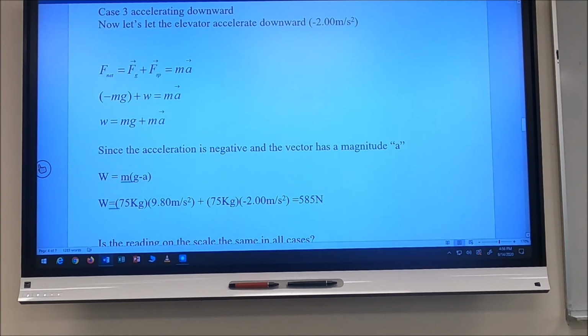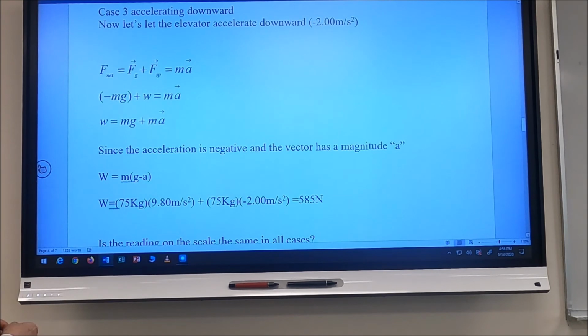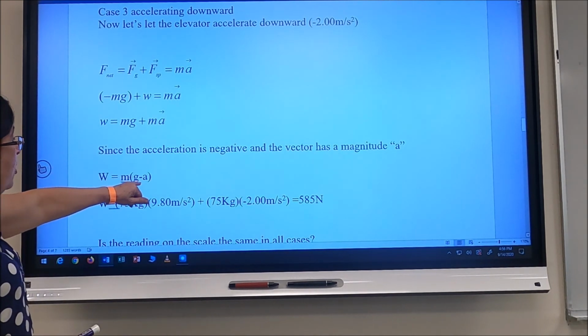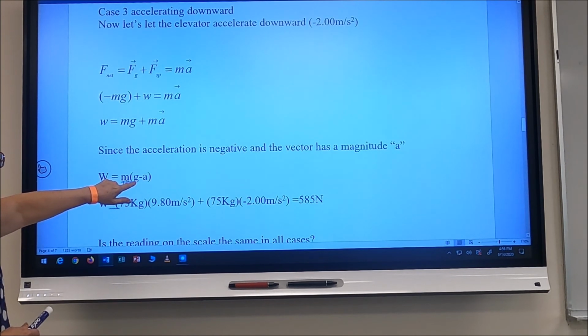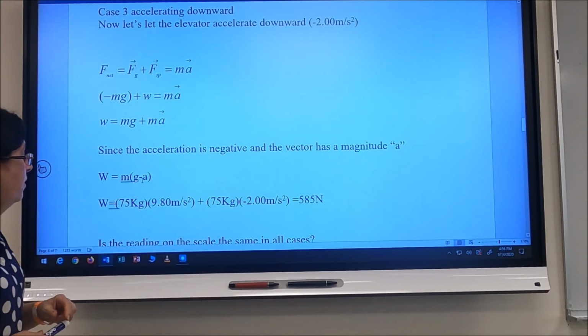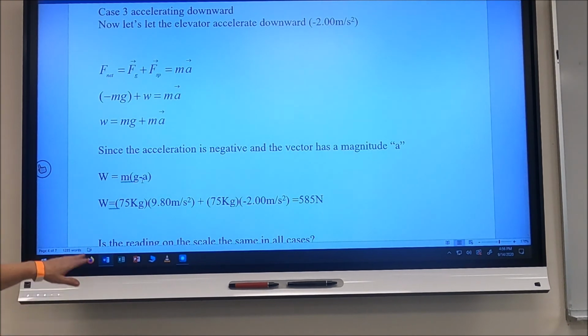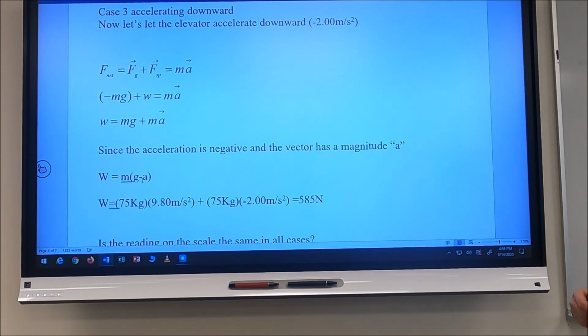So now I have an acceleration where a is the magnitude that's pointing down. So I have mg minus a. Okay, there's the negative. And if we do this, the scale's going to read 585 newtons. It's going to be less.